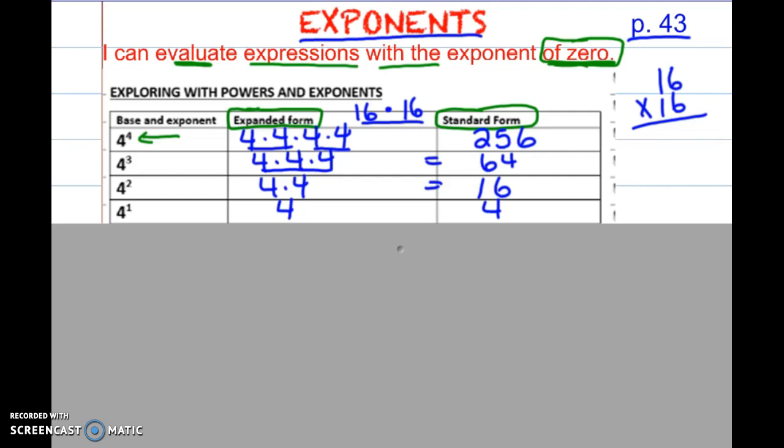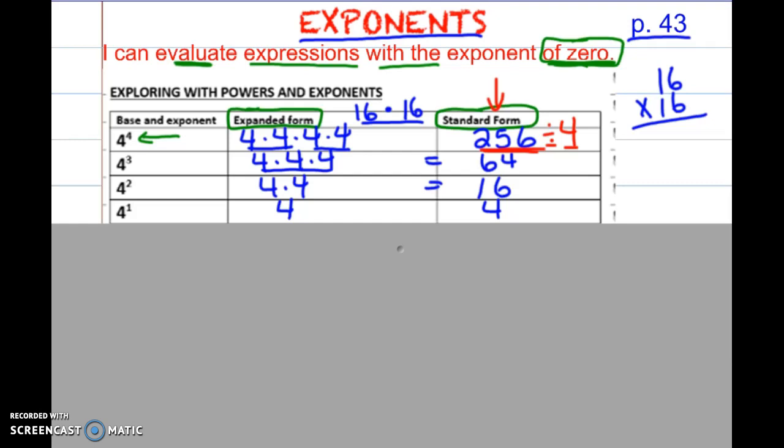Okay, now what I want us to do is we're going to take each one of these standard form answers and we're going to divide it by the base, and the base we've been dealing with is 4. So pause your video and write this down. Okay, if we take 256 and divide it by 4, we get an answer.